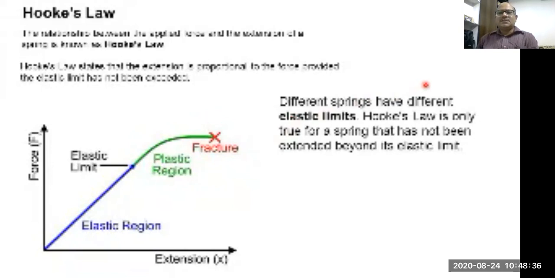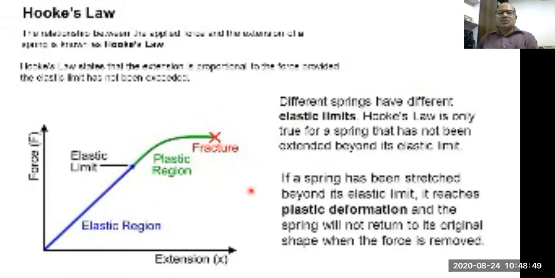And different springs have different elastic limits, and Hooke's law is only true for a spring that has not been extended beyond its elastic limit. So if a spring has been stretched beyond its elastic limit, it reaches plastic deformation, and even after the removal of the force, it cannot regain its original position.